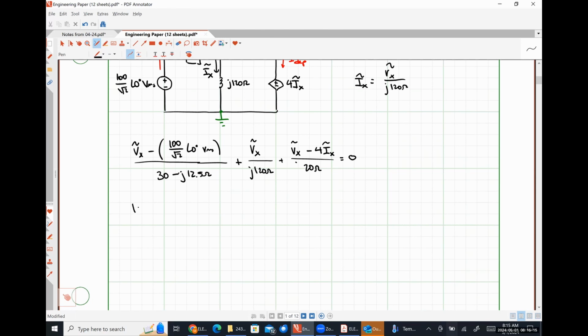So that's going to look like Vx minus 100 over root 2 angle 0 degrees volts RMS divided by 30 minus j12.5 ohms plus Vx over j120.